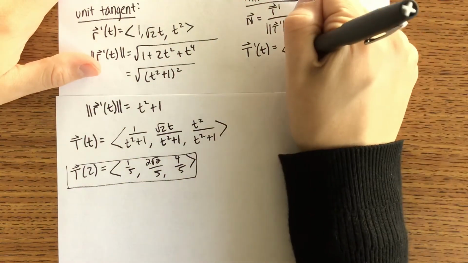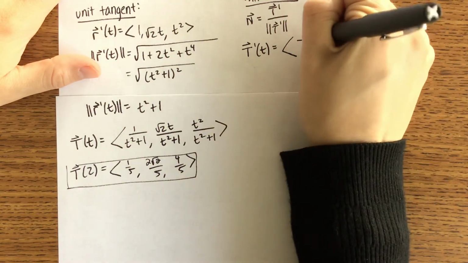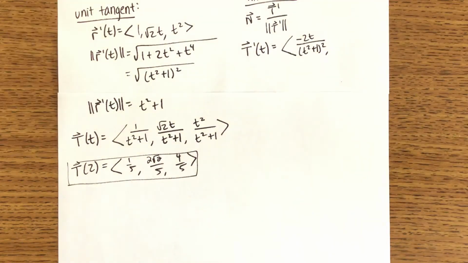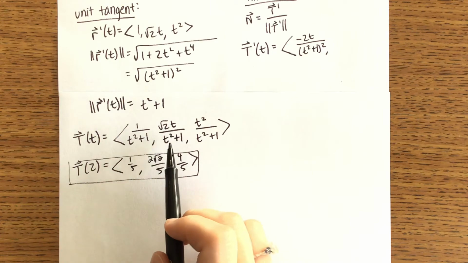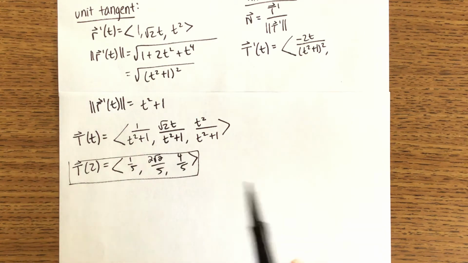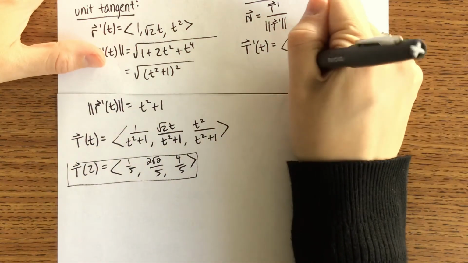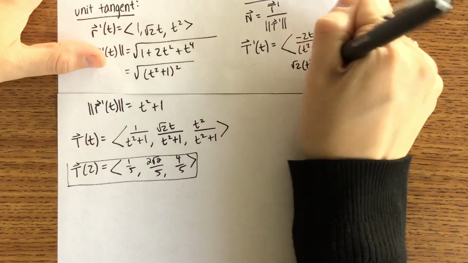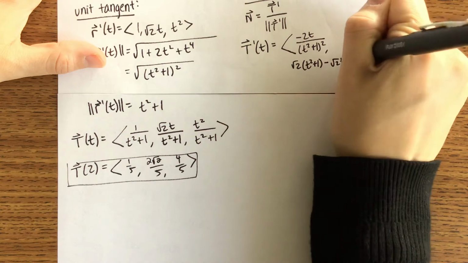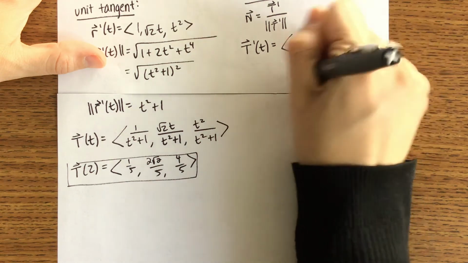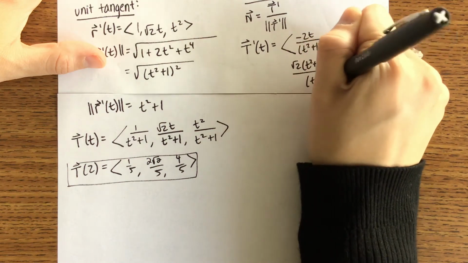I'm sorry. Okay, so we're going to get negative 2t over t squared plus 1 squared for the first one. Second one, we're going to have to do quotient rule. So we get root 2 times t squared plus 1 minus root 2t times 2t all over t squared plus 1 squared.